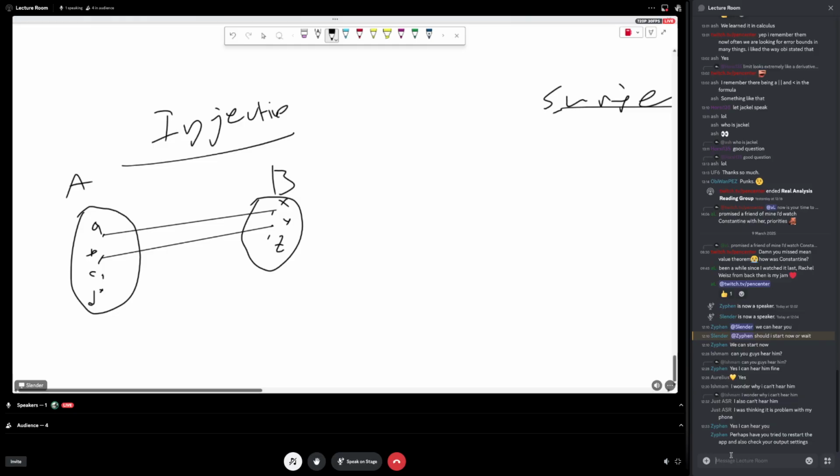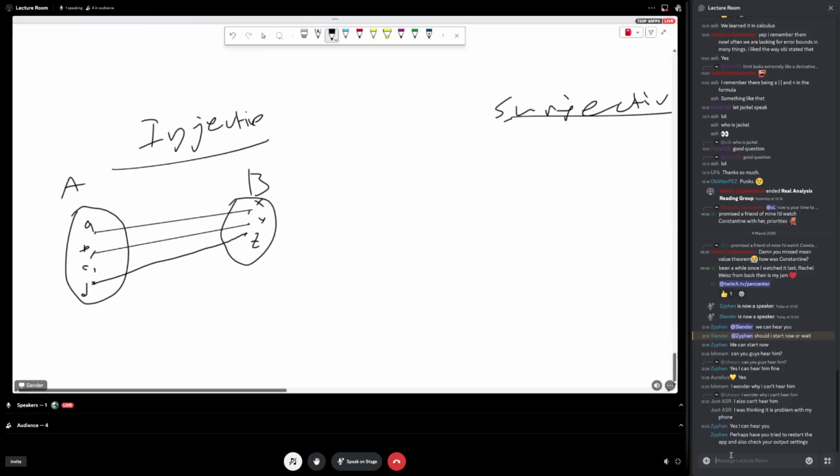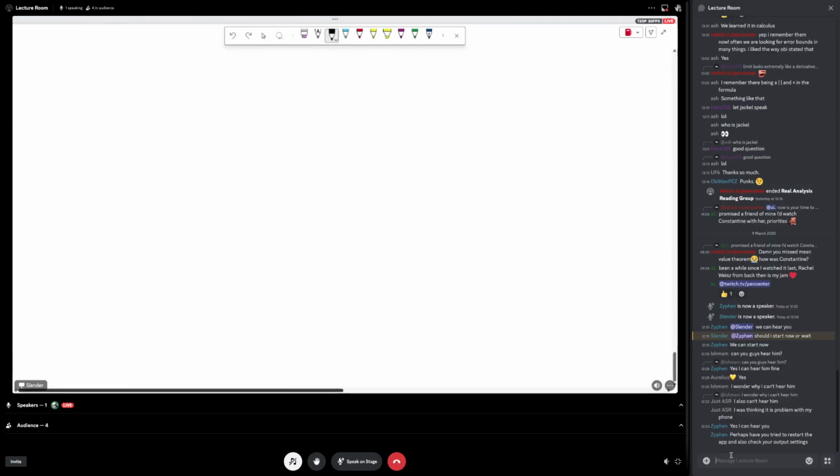So we have only one input to one output here, and not necessarily that all inputs should be mapped to some output. For example, this C here is not mapping to anything. So that's how injective functions are.